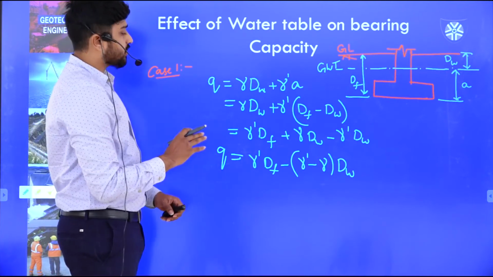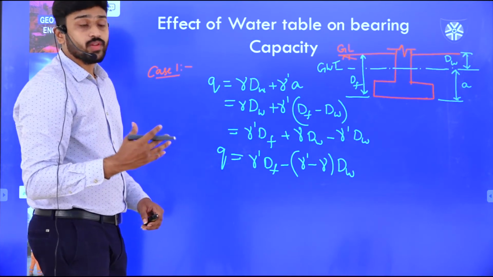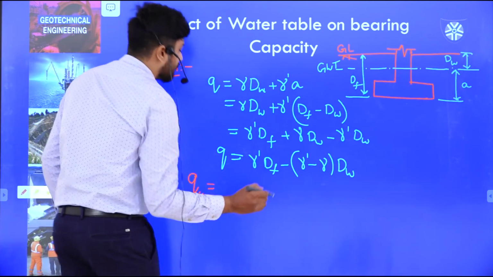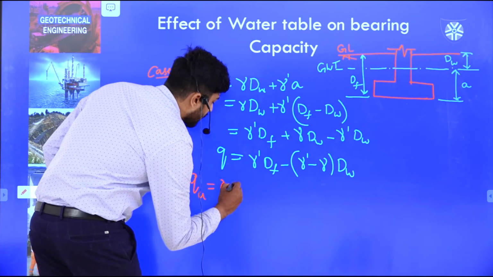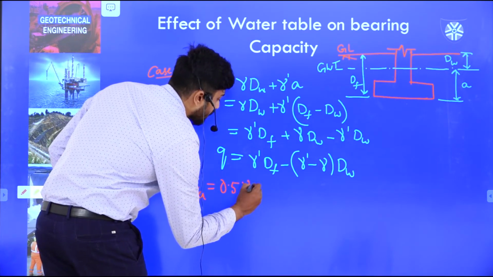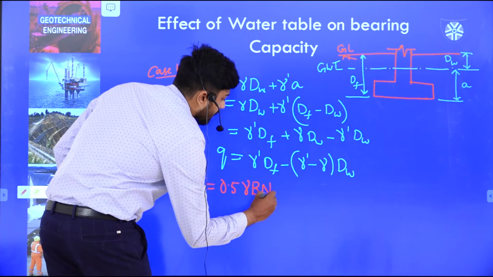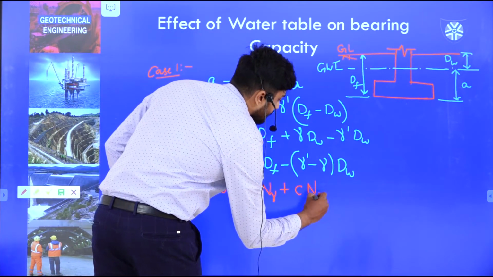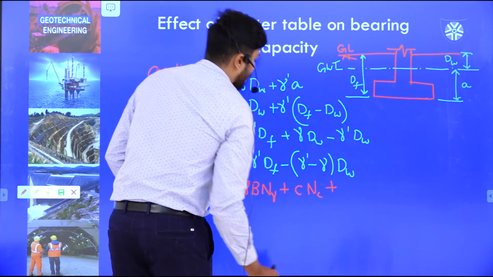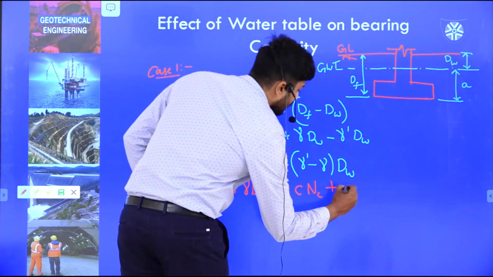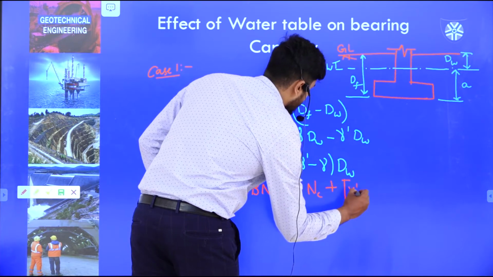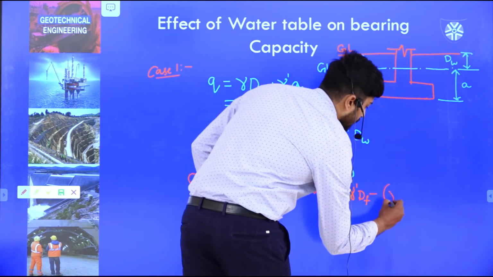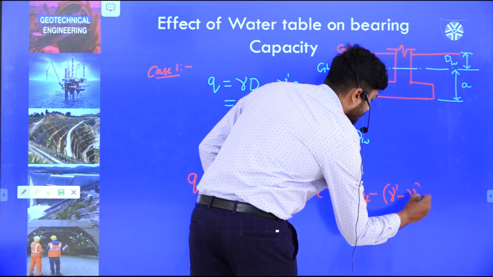Let us substitute this in our expression. We know that qu, the ultimate bearing capacity, is equal to 0.5 gamma B N gamma plus c Nc plus q Nq, where q is gamma dash Df minus (gamma dash minus gamma) Dw.